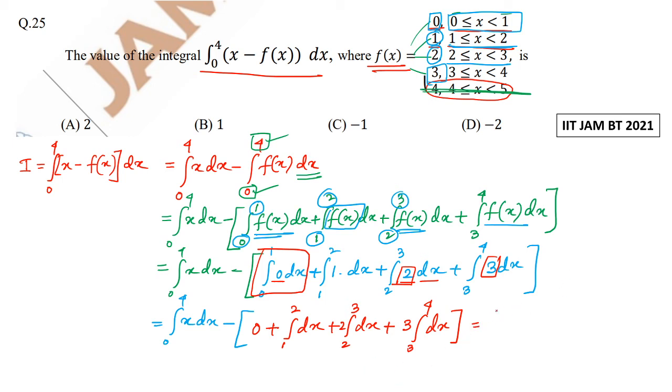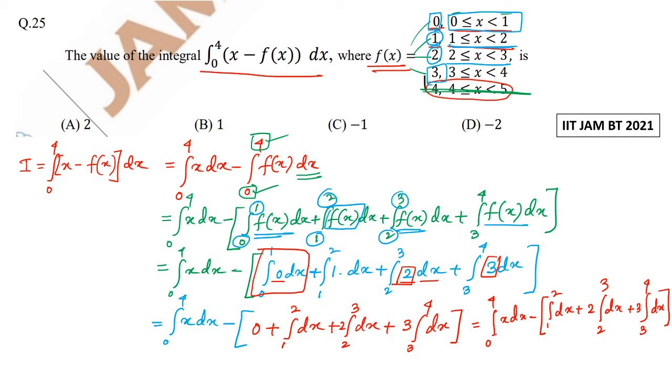Now we get integration over 0 to 4 x dx minus integration 1 to 2 dx plus 2 times integration 2 to 3 dx plus 3 times integration 3 to 4 dx.